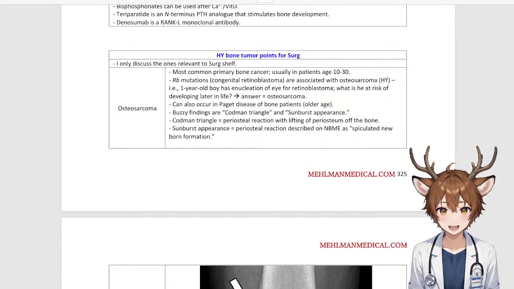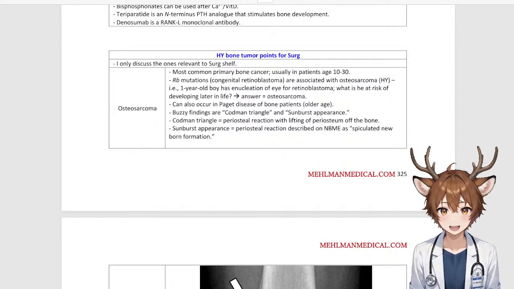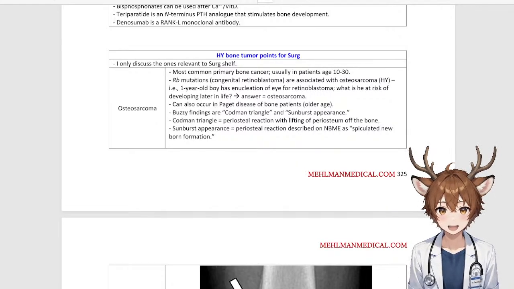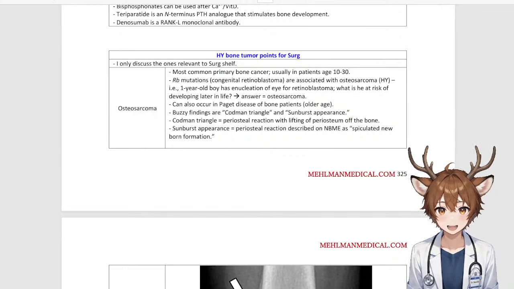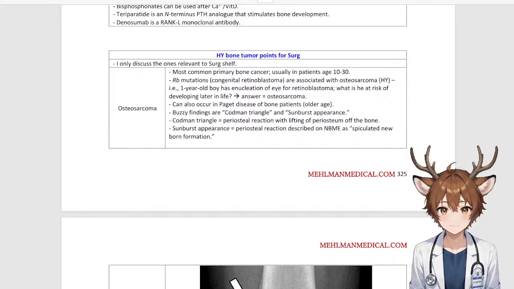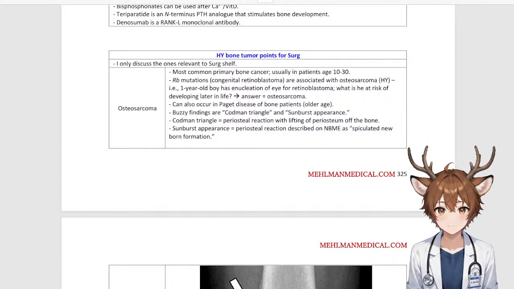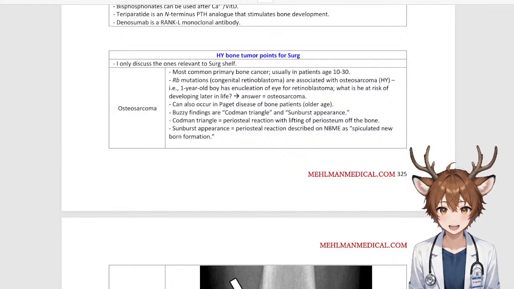High-yield bone tumor points for surgery. I only discuss the ones relevant to the surgery shelf. Osteosarcoma is the most common primary bone cancer, usually in patients aged 10 to 30. RB mutations, as in congenital retinoblastoma, are associated with osteosarcoma. High yield: a 1-year-old boy has enucleation of the eye for retinoblastoma. What is he at risk of developing later in life?